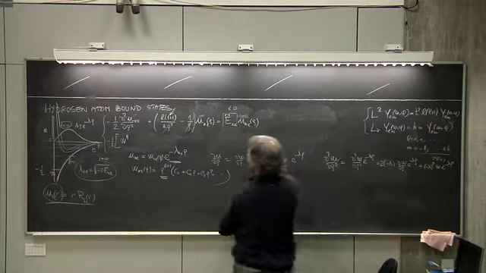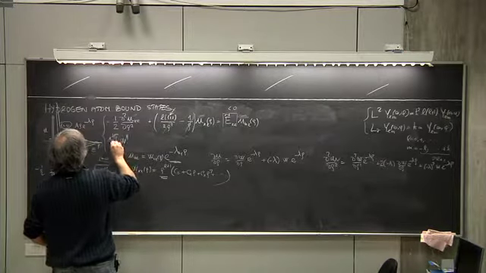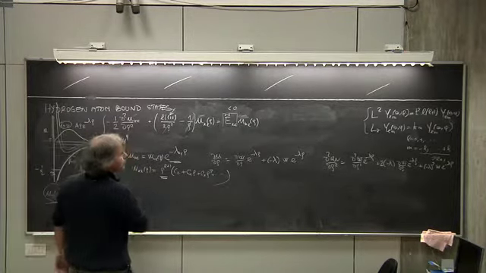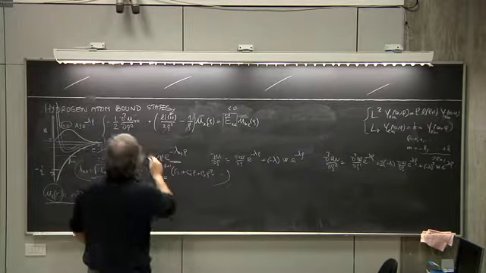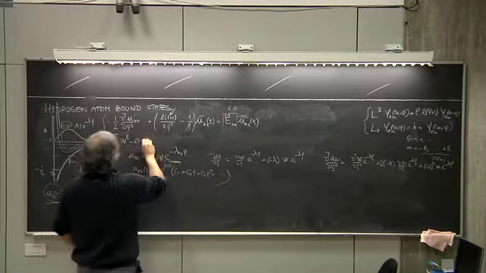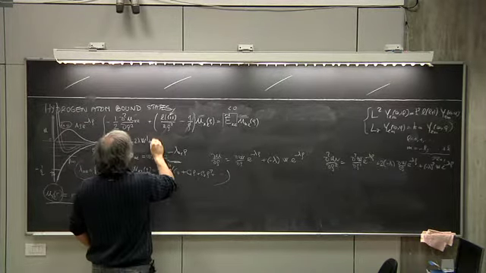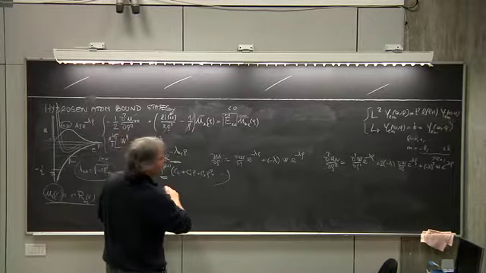So let me pull it out here. E to the minus lambda rho. Second derivative, then there is minus 2 lambda, the first derivative, and then there is plus the minus lambda square W.